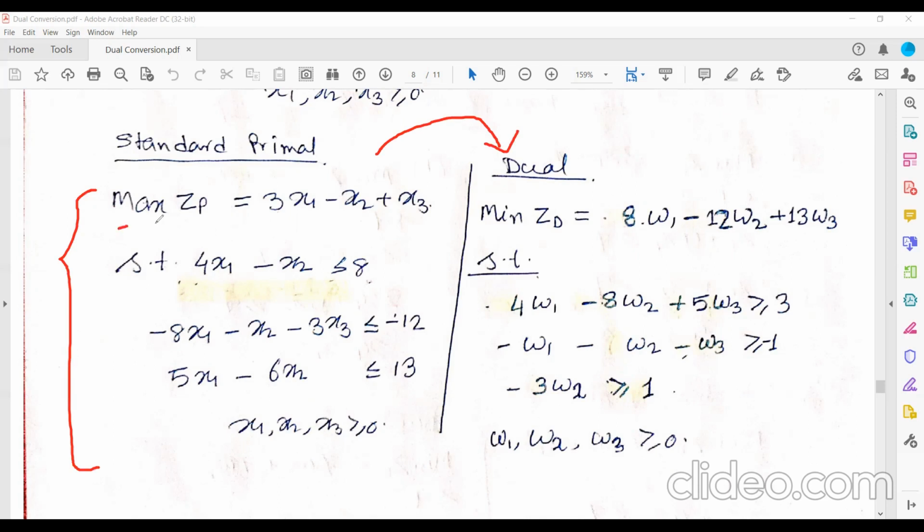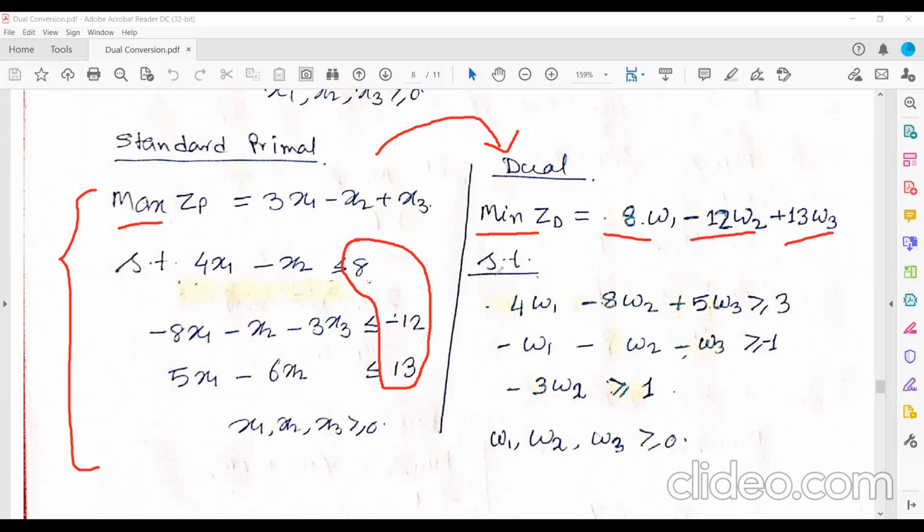Since the problem is maximization, the dual objective function will be minimization. So minimum ZD is equal to, and what will be the objective function? Using the right-hand side values 8, minus 12 and 13, the objective function is 8W1 minus 12W2 plus 13W3.